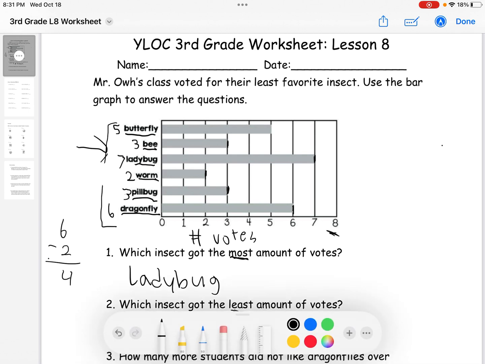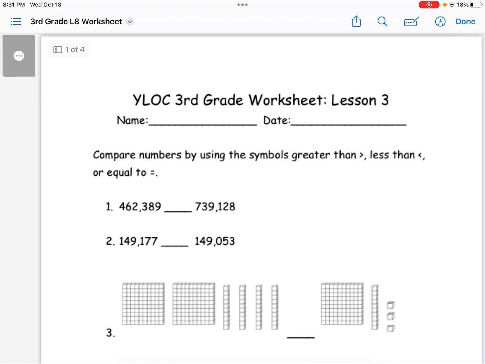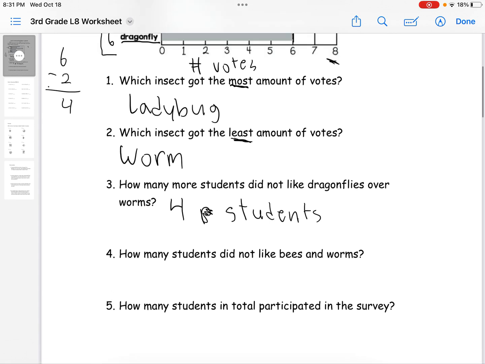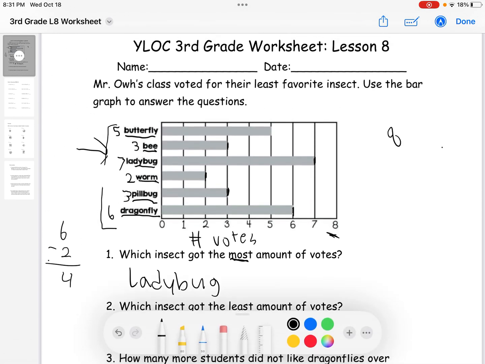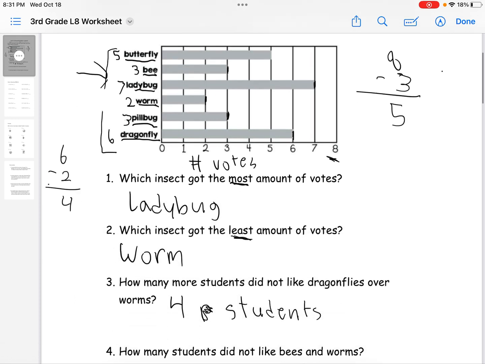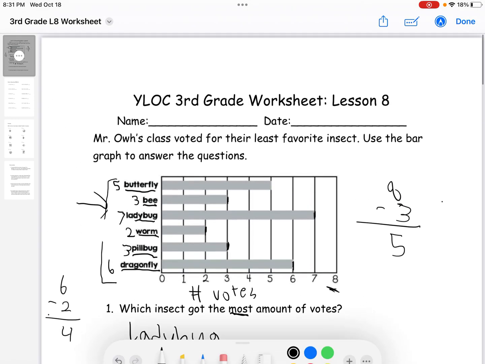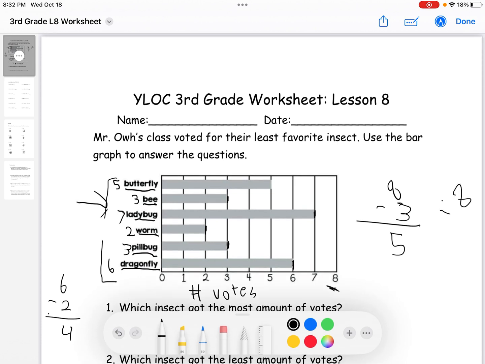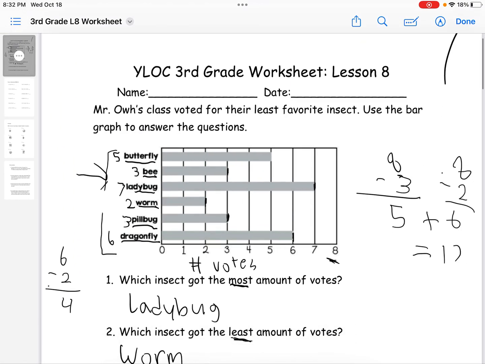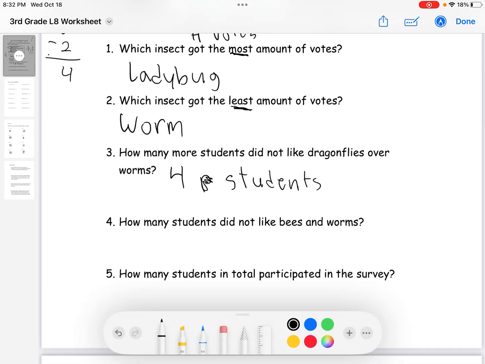So all we want to do is just do 8 minus the amount for that. Since we're looking for the bees, that'll be 3. So just do 8 minus 3, which equals 5. And then it's also asking for the worms, and the worms is 8 minus 2, which equals 6. And then 5 plus 6 equals 11. So the answer to number 4 will be 11 students.